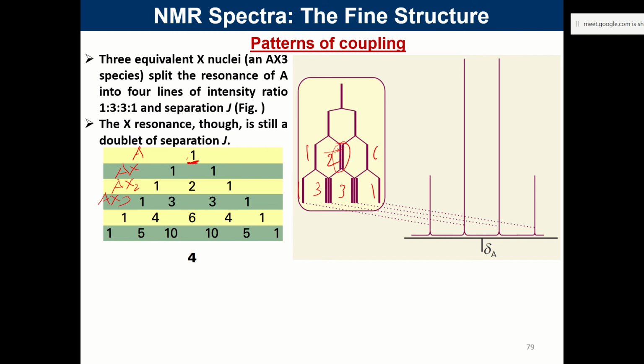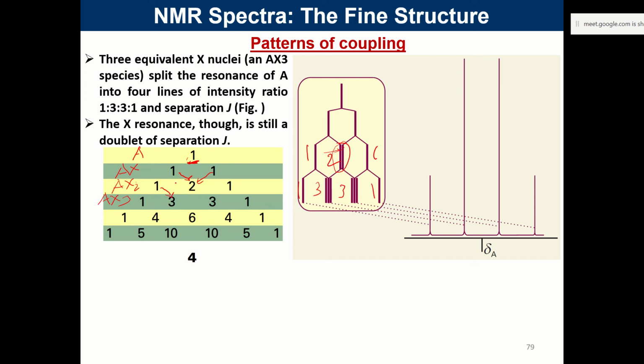So how do you make this Pascal triangle? It is very easy. The signal of A splits into two of equal strength. The next splitting, with the increasing number of X, will happen in such a manner that the central one will be the sum of the side ones. So 1 plus 1 gives you 2, and you have 1:2:1.